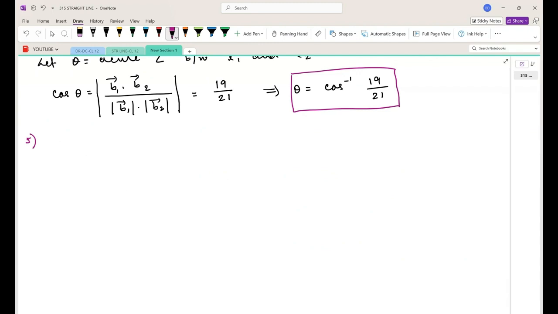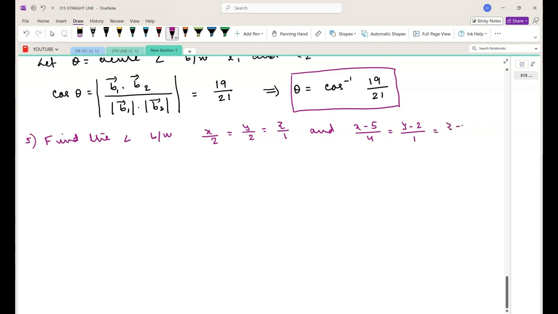Same type, that is finding the angle between two lines, but this time the equations will be given in Cartesian form. Find the angle between the lines.